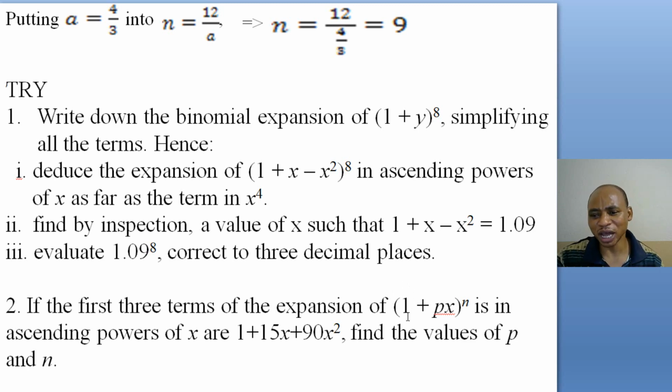You use the binomial theorem to expand and simplify (1 plus px) raised to the power n to the 3rd term.